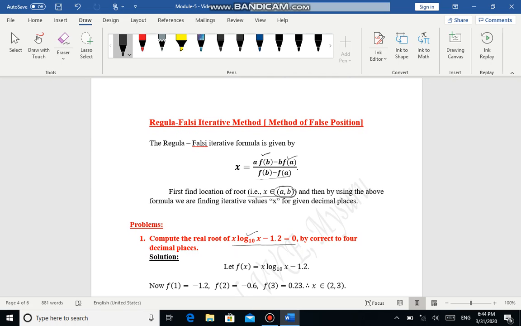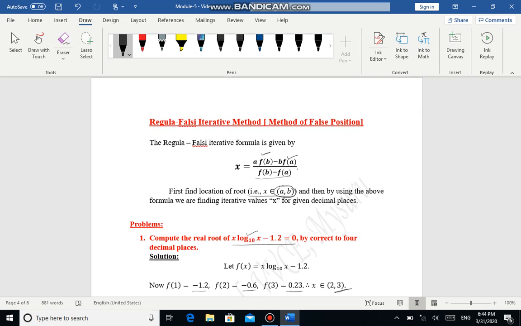The value of f of 1 is negative, so I go for the next value until I get a positive value. F of 2 is also negative, so I continue further to f of 3. F of 3 is positive. So now one is negative and another is positive, so this is enough. This is the interval, the location: x belongs to 2 comma 3.